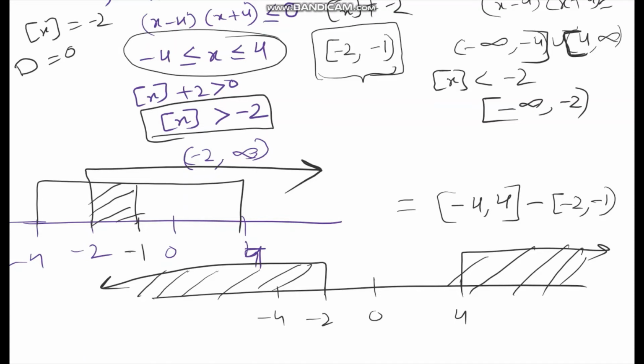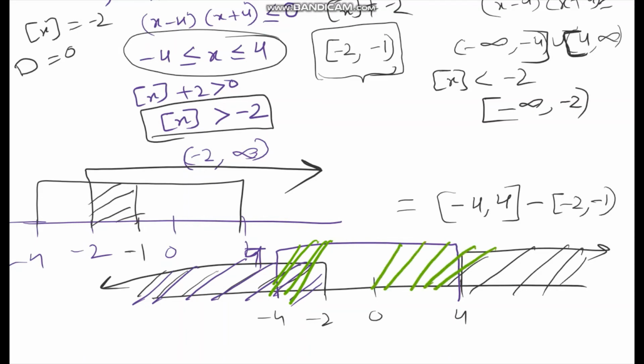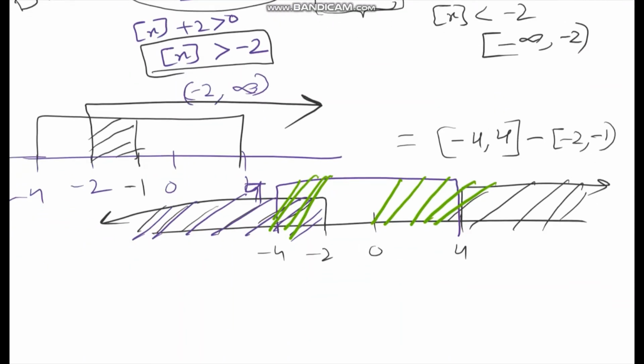And the second one is minus infinity to minus 2. So again it is this one. And this condition is minus 4 to plus 4. So minus 4 to plus 4 is this. And subtracting this minus 2 to minus 1. So this part here is not there.